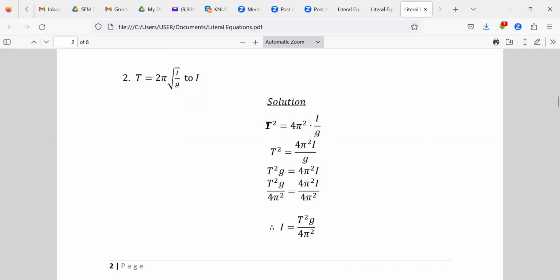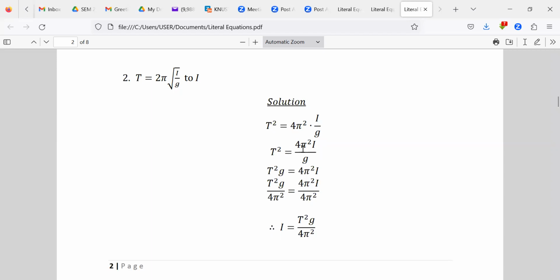So from this level, we get T squared. We square our 2, 2 times 2 gives us 4. We square our pi, we get pi squared. And then the square root, when we square it, because we are multiplying by itself, it gives us back our L on G. The next step is that this is the multiplication sign.